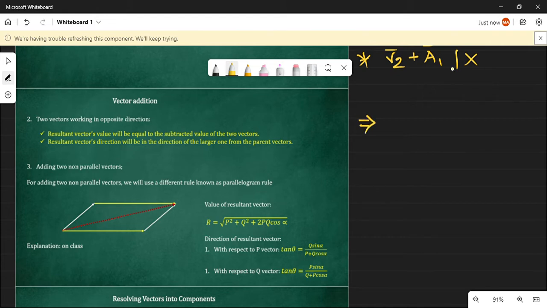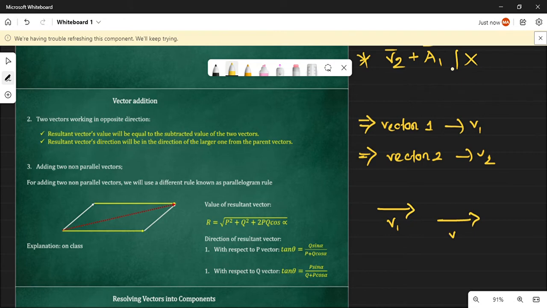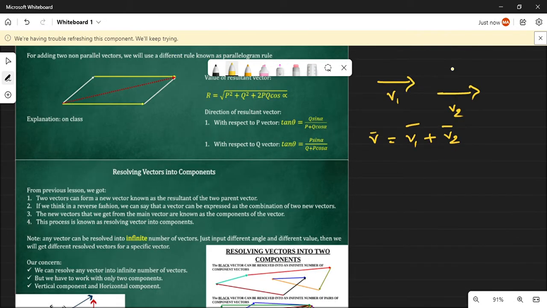Think about vector 1, that is v1, and vector 2, that is v2, the same kind of vector. We know that a vector has a direction. Vector v1 is in this direction, and vector v2 is also in the same direction. If we get v by adding v1 and v2, what will be the value of v?